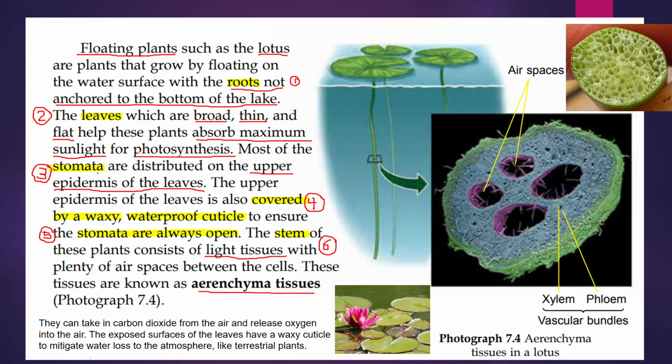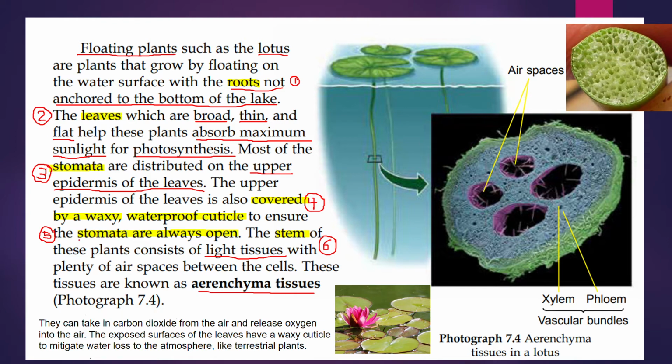And the stomata are mostly distributed on the upper epidermis, berada di bahagian atas ini. Okay, membolehkan pertukaran gas with the surrounding air. And the upper epidermis of the leaves is also covered by waxy, waterproof cuticle. Okay, serve as protection and also to reduce excessive water loss through transpiration.